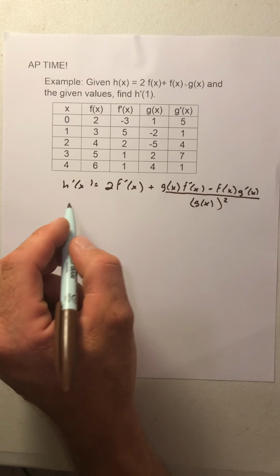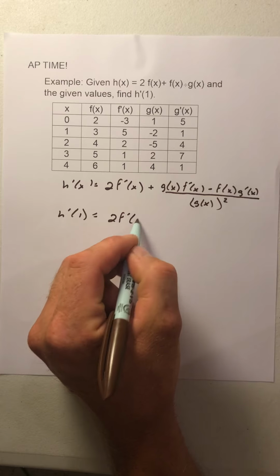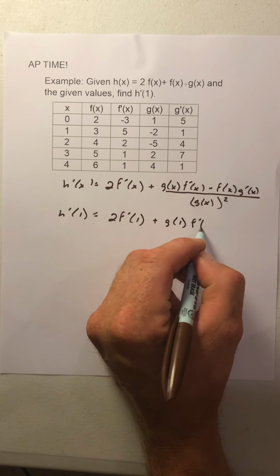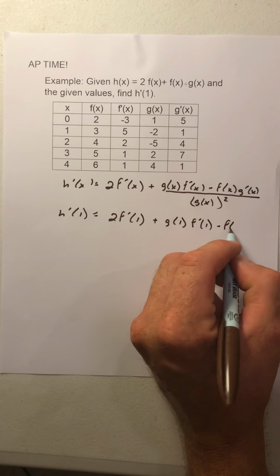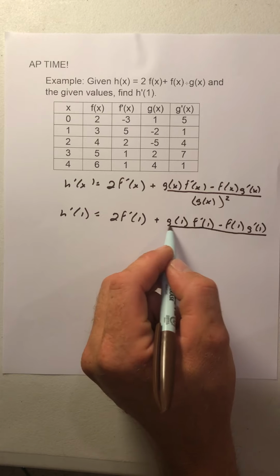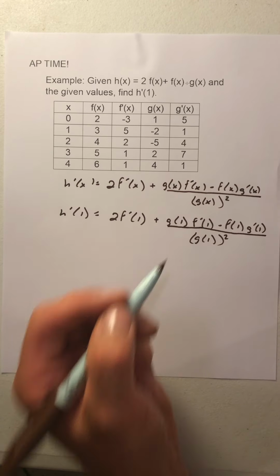And we're going to find h prime of 1. So h prime of 1 is going to be 2 f prime of 1, plus g of 1 times f prime of 1, minus f of 1 times g prime of 1, and just that part's divided by g of 1 squared.